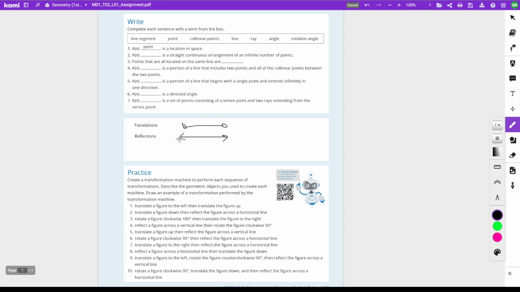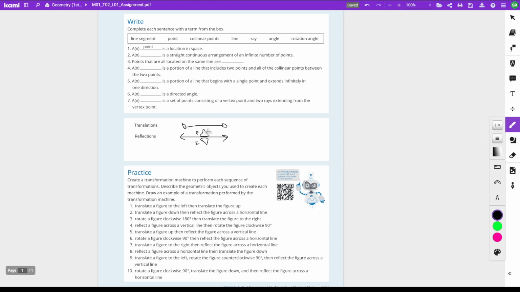Okay, and so we would use something like this to show a reflection. Let's say we want to translate a shape over a horizontal line. We would draw a horizontal line and then we draw a shape. Now this is going to look really bad because I'm using a mouse, but that's kind of like what it would look like.